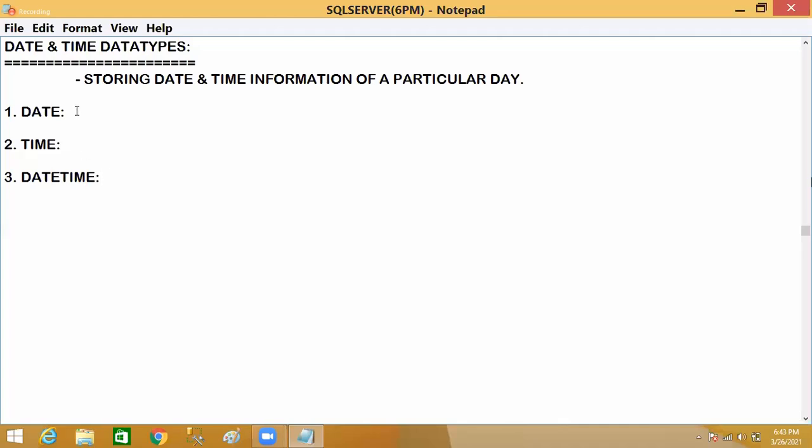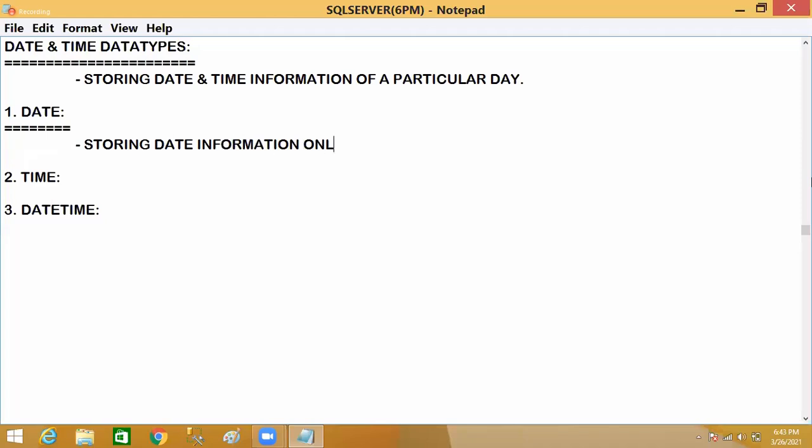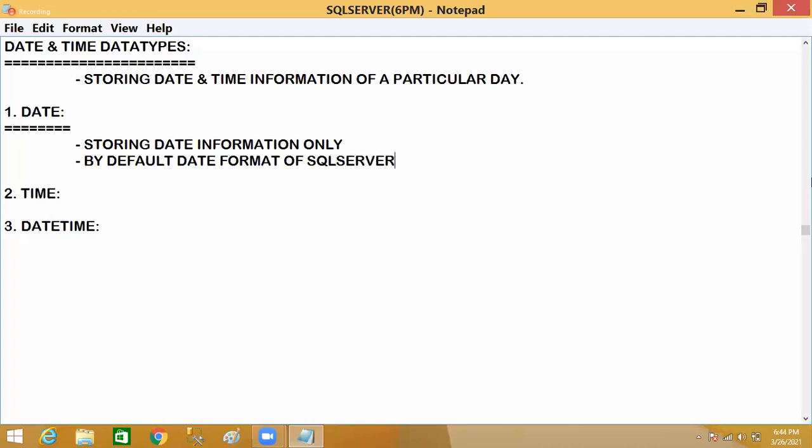Now, your individual date means storing date information, only date information. And the SQL Server default date format is: open single quote and pass the year dash month dash dd.